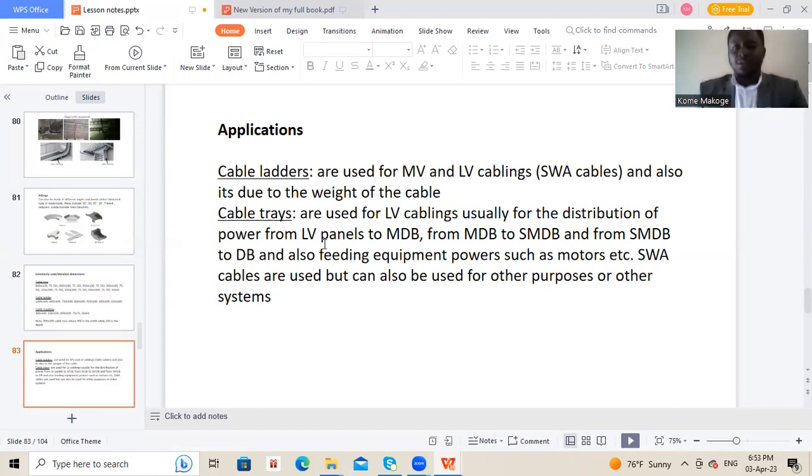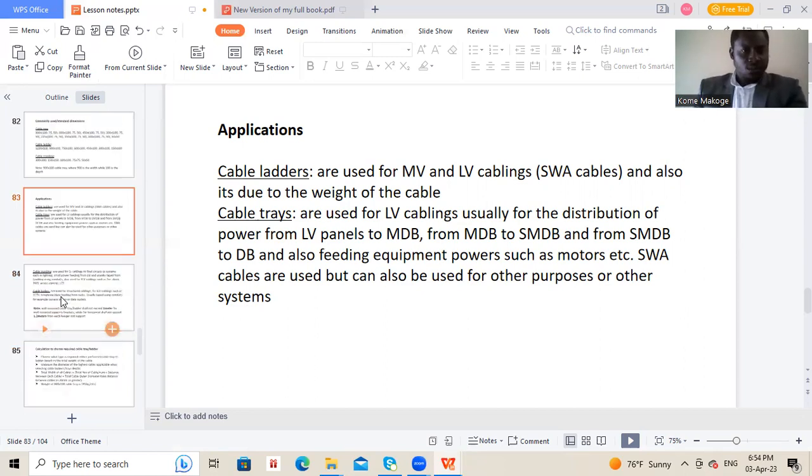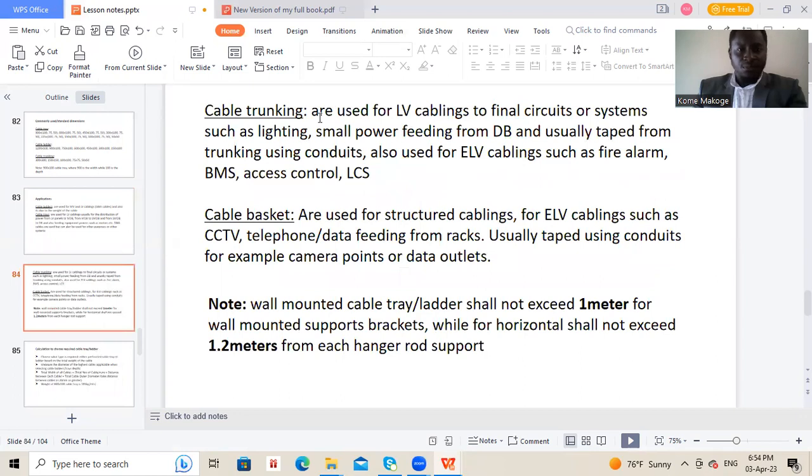Mostly you find them even in sub-main distribution board going to distribution board, whereby we have feeder cables that are leaving from this end going to feed the other end. So move to the next slide, which is the cable trunking as well, also used for LV cables, ELV cables, such as fire alarm cables, BMS cables, lighting control cables, access control cables, and many more.